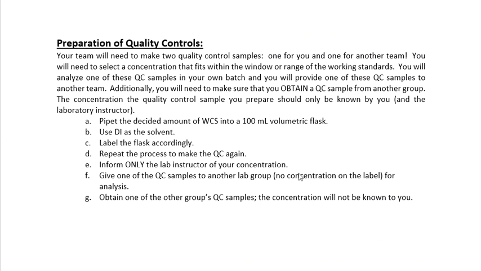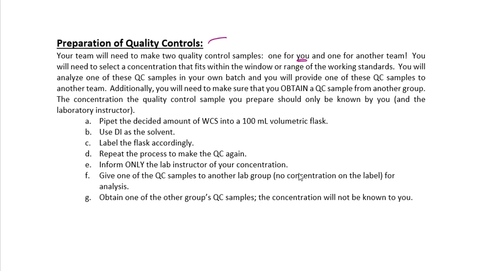All right. One of the quality controls will be for you. Your team will put it into the batch of samples. You will analyze it. You know what concentration that is. And hopefully after this analysis, that concentration will be very close to what you made. But then the other QC that's identical, make them the same way.